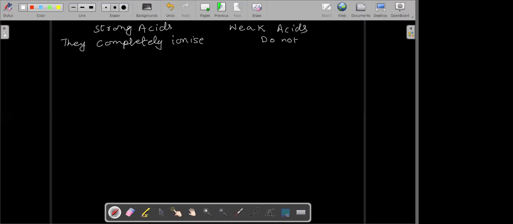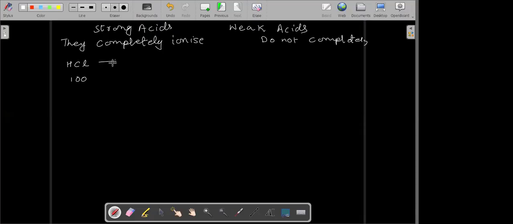It means that, if you have HCl, suppose you have 10 molecules of HCl, or let's say 100 molecules of HCl.